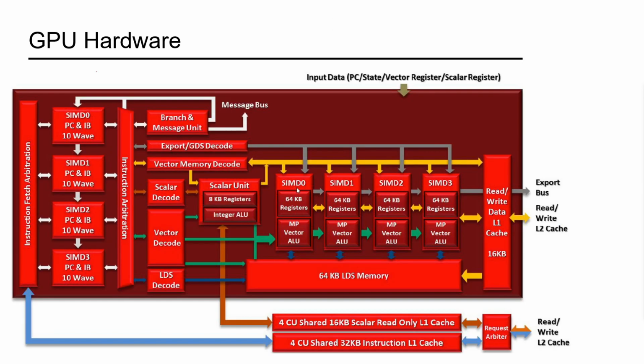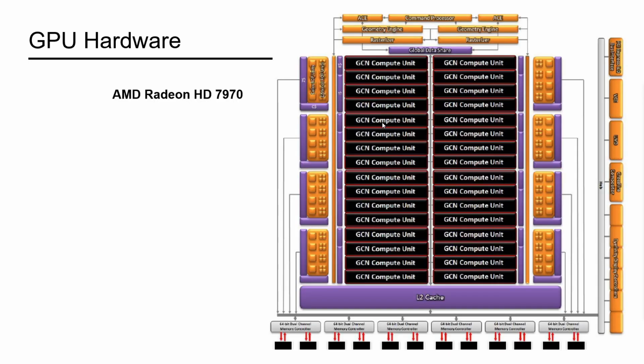Each of the 4 SIMD engines here will execute its own thread, and each one has its own 64 kilobyte register file. The 4 threads on these SIMD engines can communicate with each other through the shared level 1 cache. And all of the compute units can communicate with each other through the level 2 cache, which operates very similar to a CPU cache.